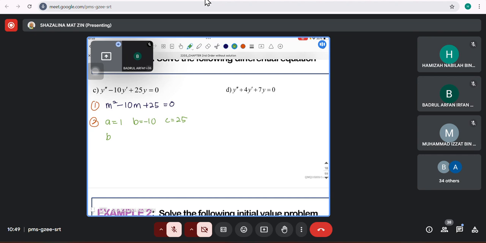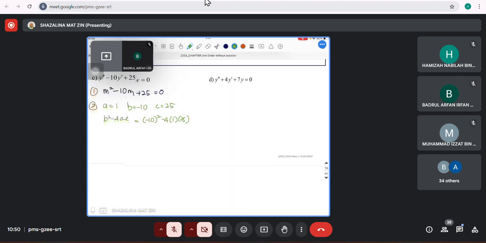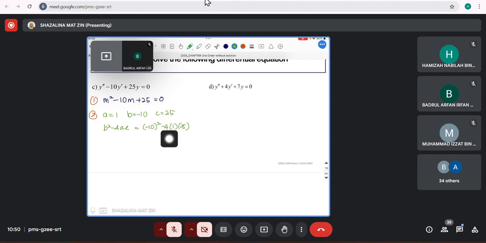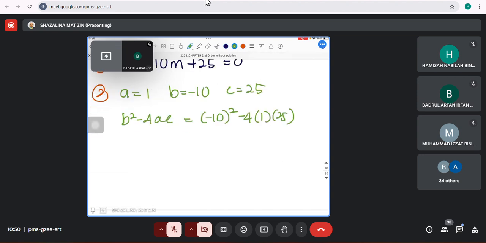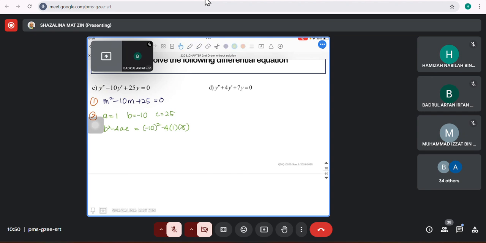So b square minus 4ac equals negative 10 square minus 4 times 1 times 25. Please calculate. 100, minus 4 times 25 is 100, so 100 minus 100, it will become 0, right?